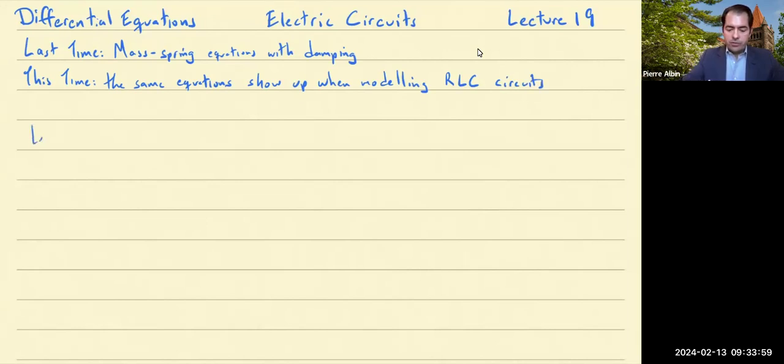Okay, so we're going to consider a simple electric circuit. The cartoon for this is that we're going to have something like this.